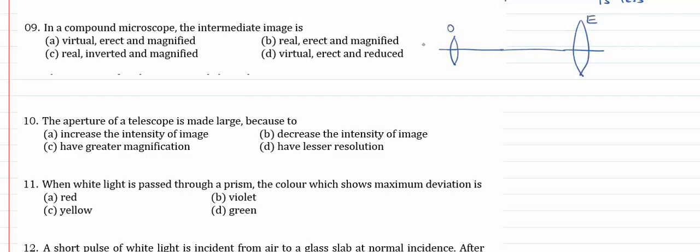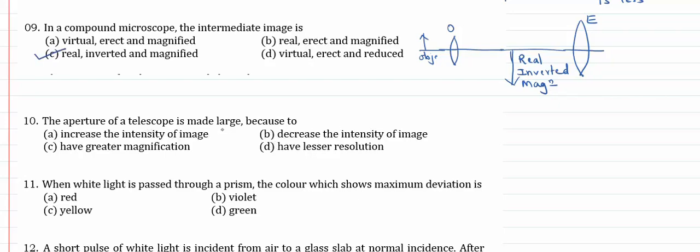Eyepiece will be near. So ಇಲ್ಲಿ ನಂದು object ಇರ್ತದೆ ಈ ಕಡೆ, intermediate ಇಲ್ಲಿ ಫಾರ್ಮ್ ಆಗ್ತದೆ. So this is real, inverted and magnified ಇರ್ತದೆ. So option C is the answer.